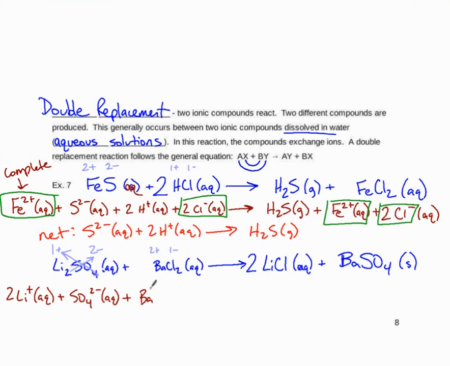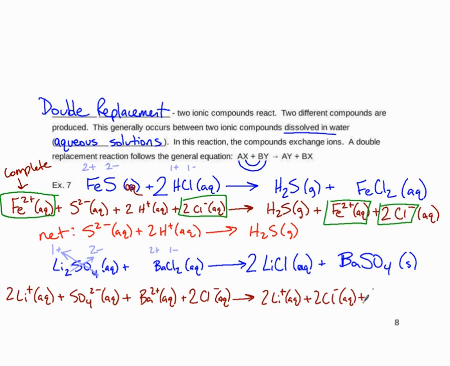Plus, here's barium. There's going to be 2 chlorine ions. So over here, we're going to have 2 lithium ions plus 2 chloride ions.